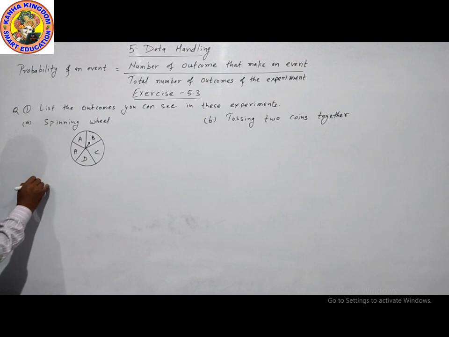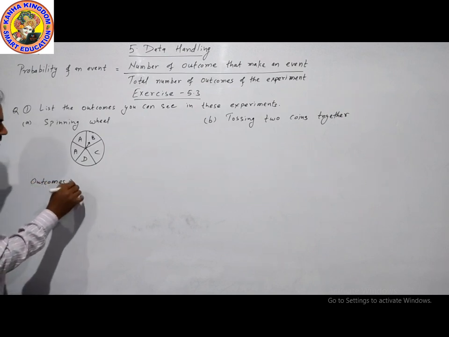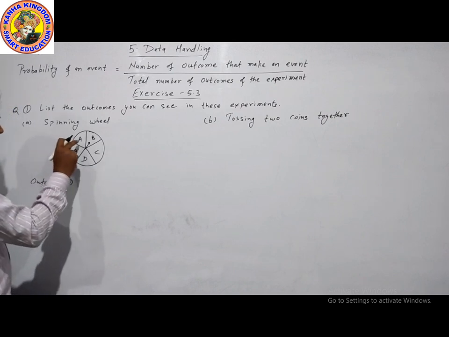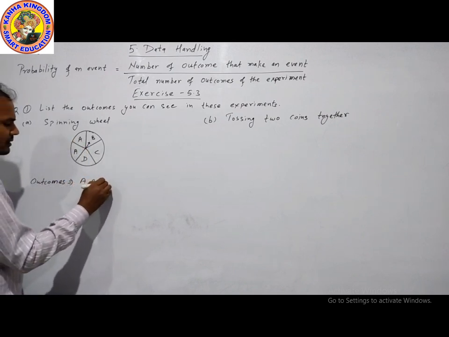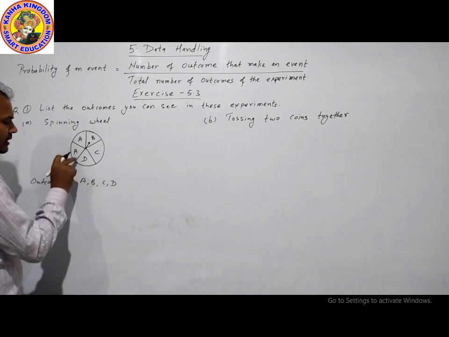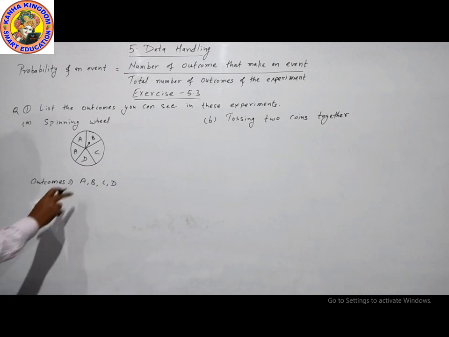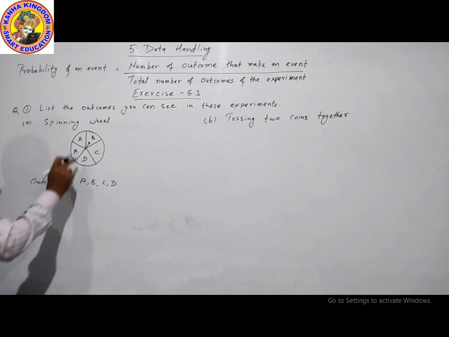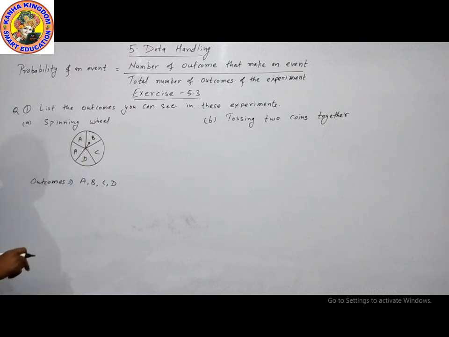So our outcomes on the arrow sign will be A, B, C, D and now A. A is repeating, so we will not write it again. The outcomes are only A, B, C, D. Repeated outcomes will not be written. So this is our answer.